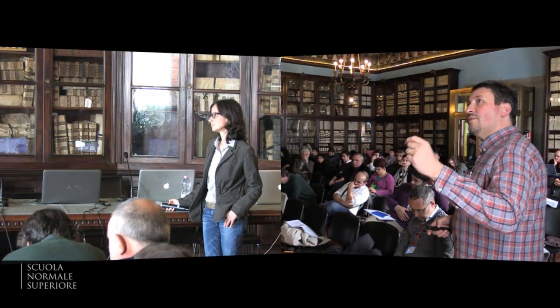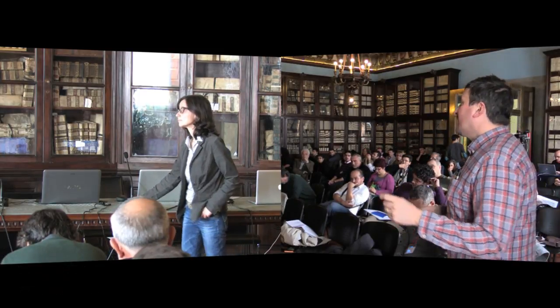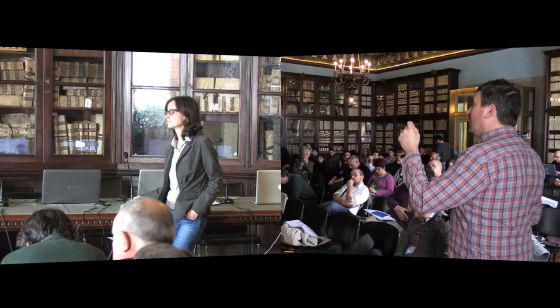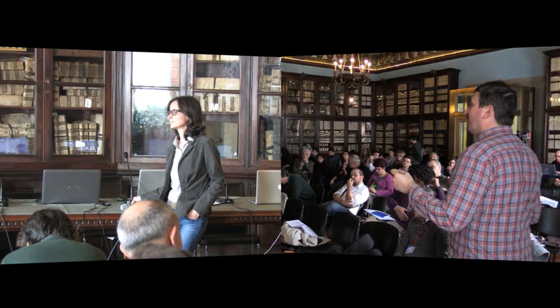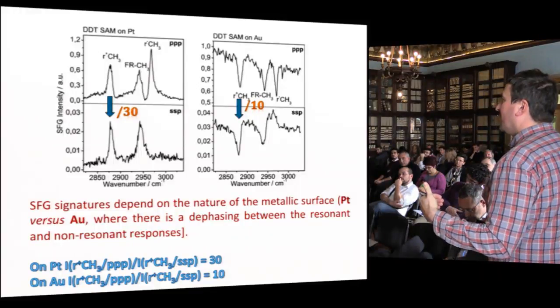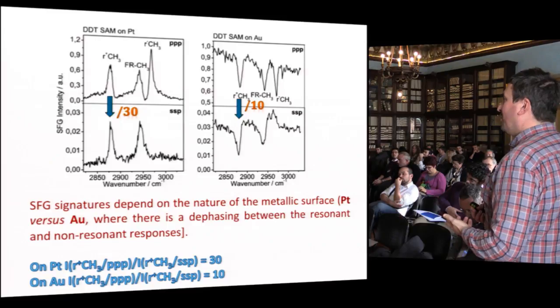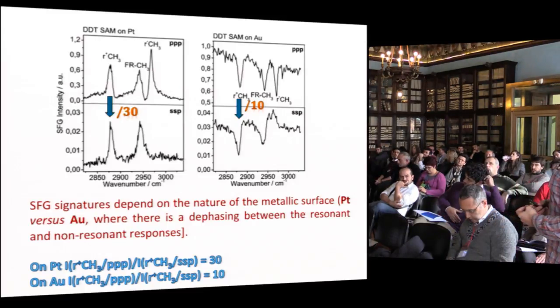And the advantage that we have in the case of this study is that the signal is coming from the terminal methyl group. The terminal methyl group is not interacting really with the metallic surface, so your signal is not polluted by the surface.